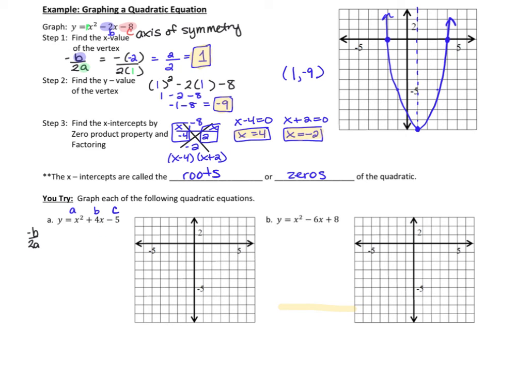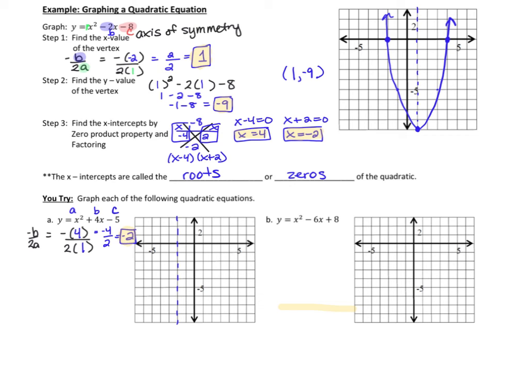So when we substitute these values in, we're going to have -4 multiplied by 2 times my a term, which is 1. This is going to give me -4 over 2, which simplifies to -2. So that means on my graph, I'm going to have my axis of symmetry at x equals -2.